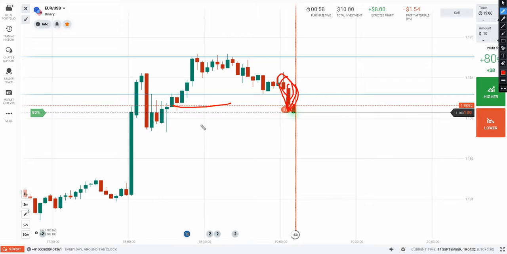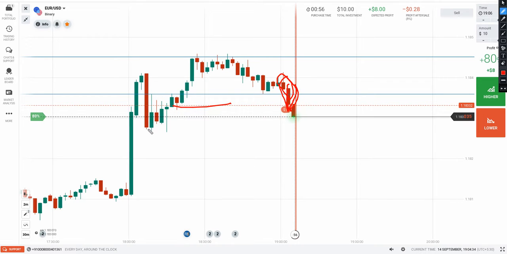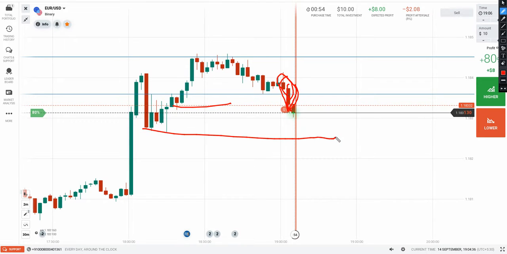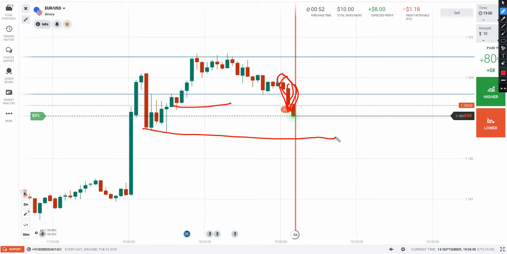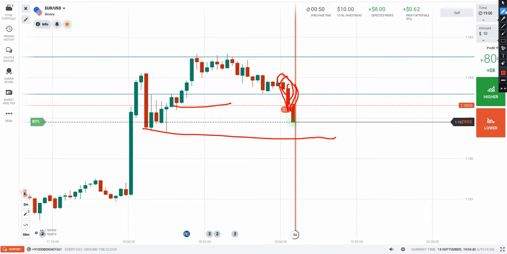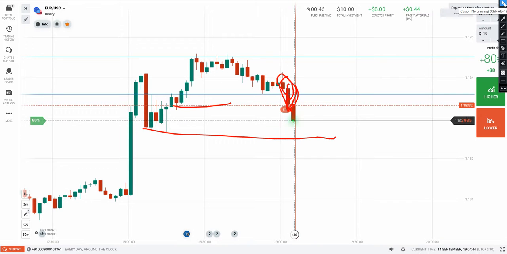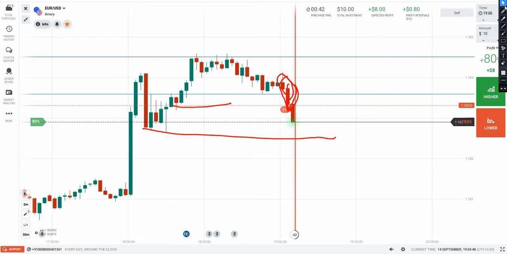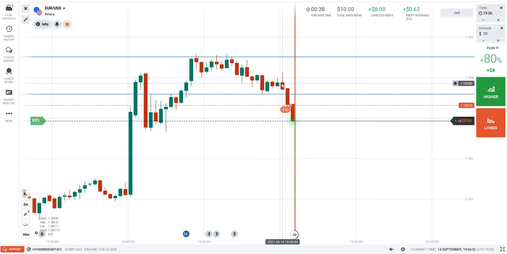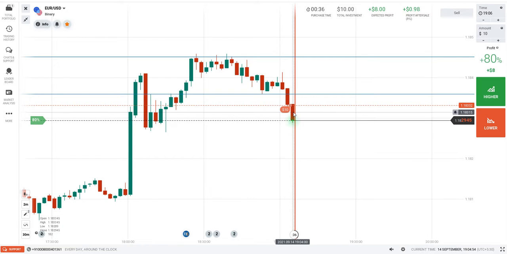So I'm expecting that the market will continue until this level. So till now I think I took 1, 2, 3, 4. So 4 trades. All are winning trades.